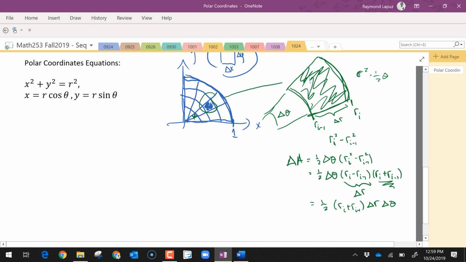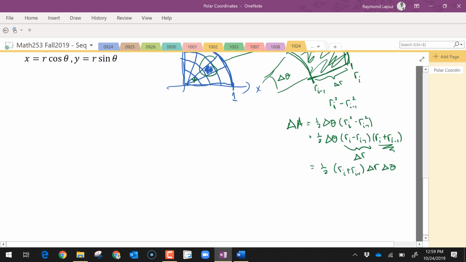Okay, now what is that? It's maybe not exactly, but as your cuts and your partitions get smaller and smaller, the r sub i and r sub i minus 1 are almost going to be equal to each other, right?